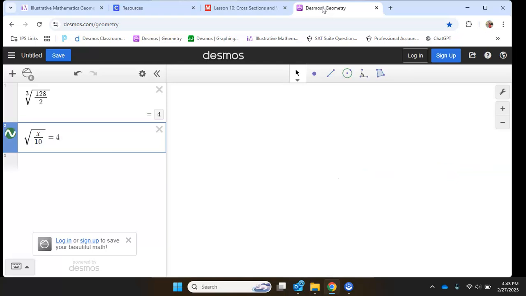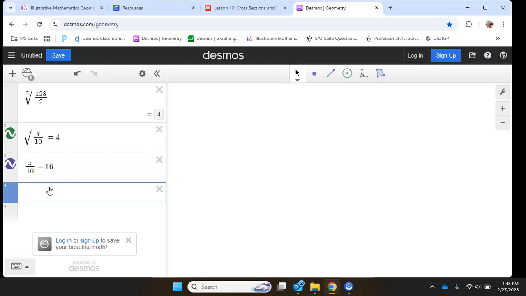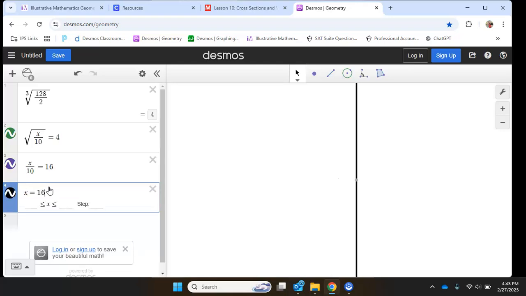To solve this, we square both sides. We get x divided by 10 equals, and 4 squared is 16. We multiply both sides by 10, we get x equals 160.